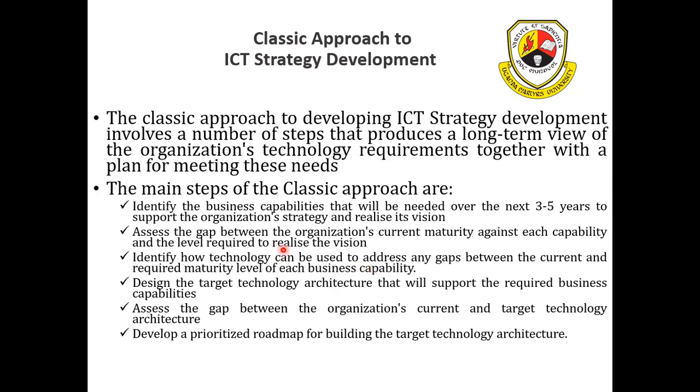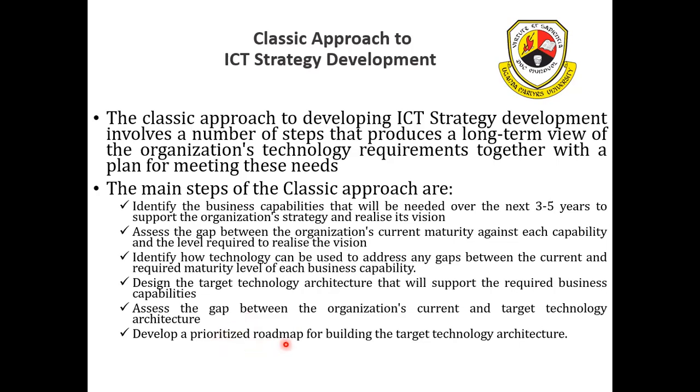Now, once you've identified those gaps, you design a technology architecture that will support the required business capability, the architecture that will need to support the business to achieve those 5-year plans. Then you come back and draw the gap where you lack as ICT, and these become your actionable points that you need to achieve within the next 3 to 5 years to help the organization get where it is supposed to be.